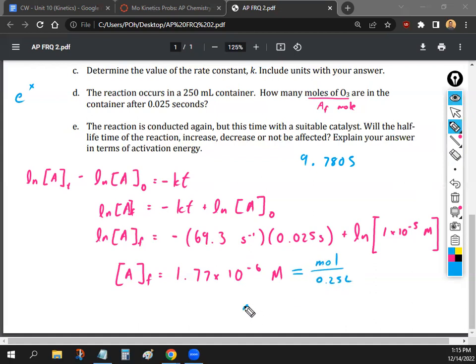And so your moles is going to be 4.4 times 10 to the negative 7. And that's going to be your moles of ozone, and that is your final answer for this problem. Something around that.